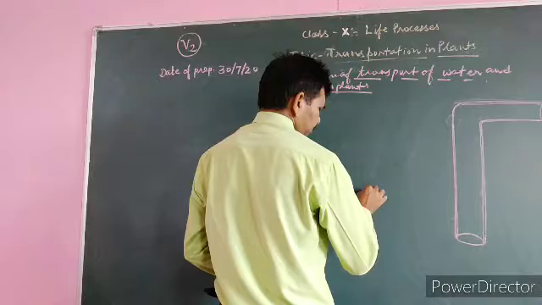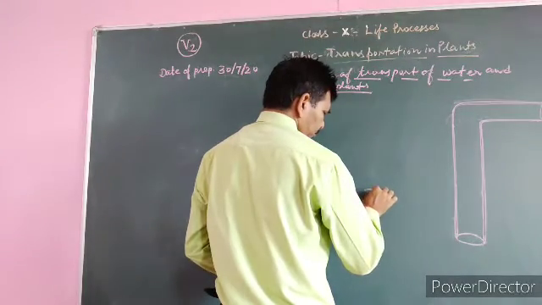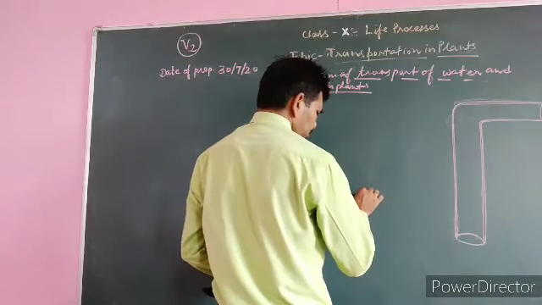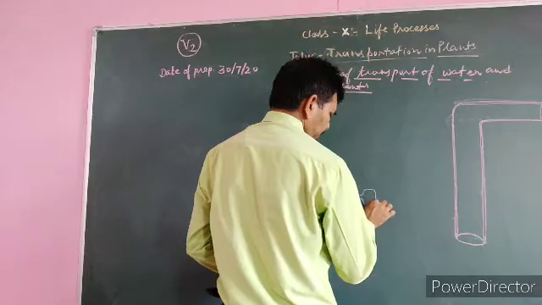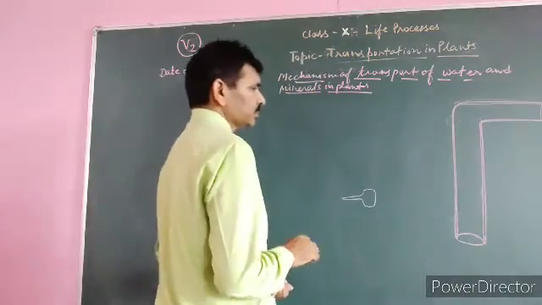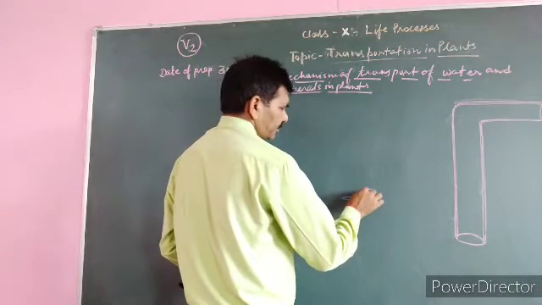Here are cells of root. The outermost layer of root is epidermis.